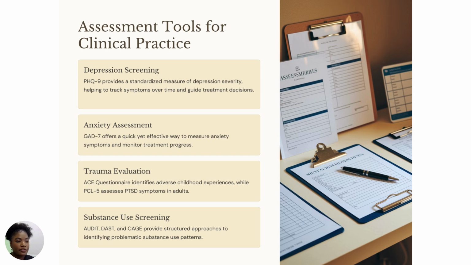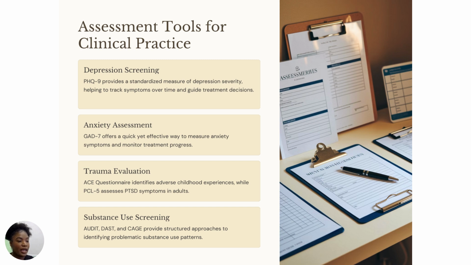The exam loves to throw curveballs to test you on matching tools to the problem. For example, if you're screening for depression, always remember PHQ-9 because it is a standardized measure of depression. It measures the severity and how to keep track of the symptoms over time, and that helps guide treatment decisions when you have a client that is exhibiting depression.